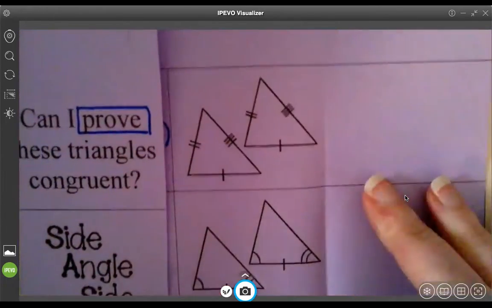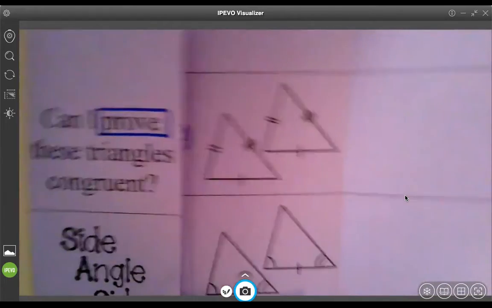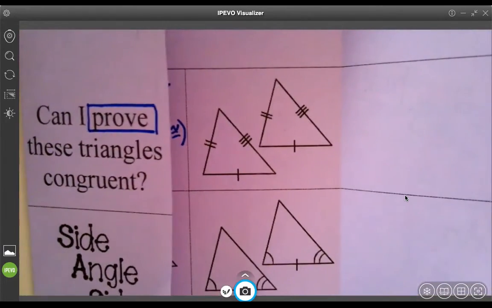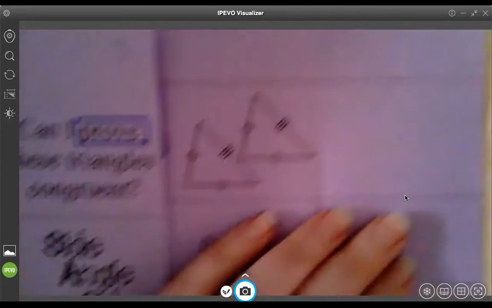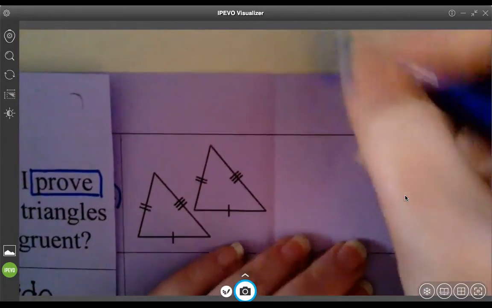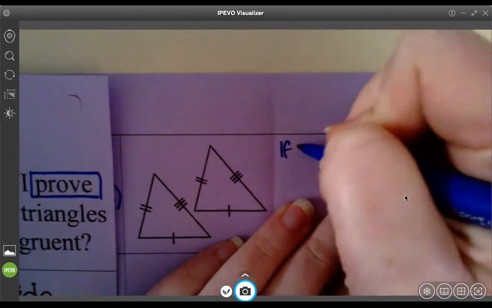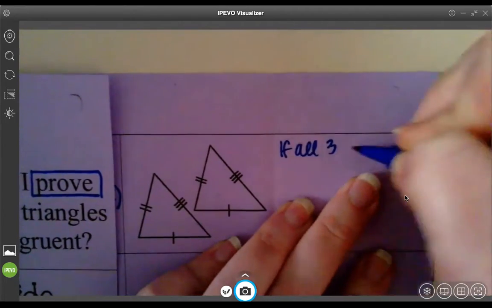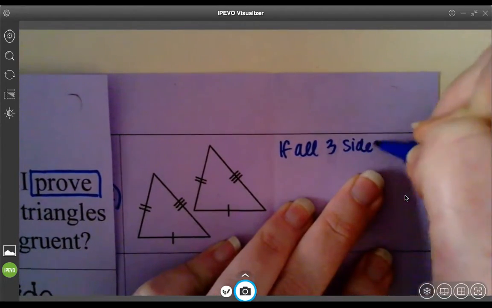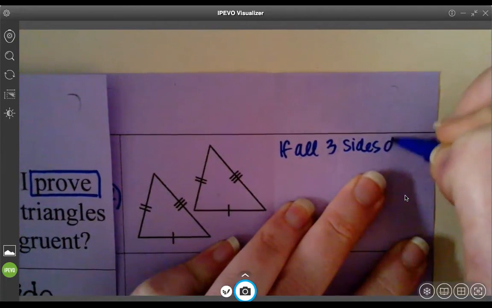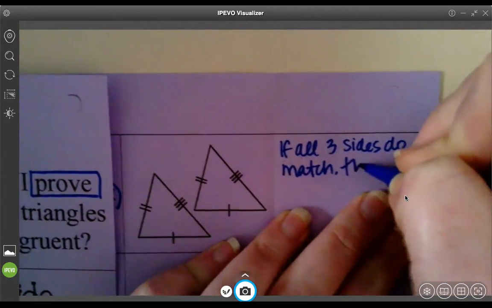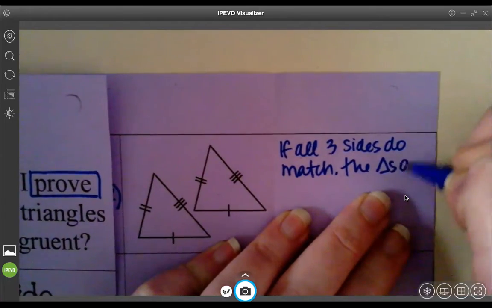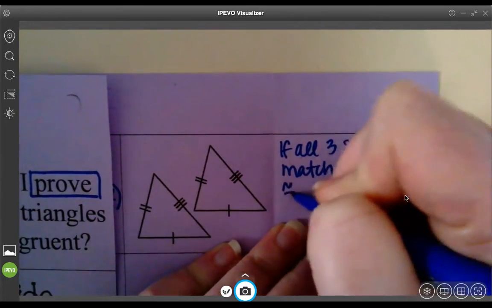So side, side, side looks like this. You just have all 3 marks. Like I said, this one's kind of the no-brainer. So all we're going to write up here is if all 3 sides do match, the triangles are congruent.